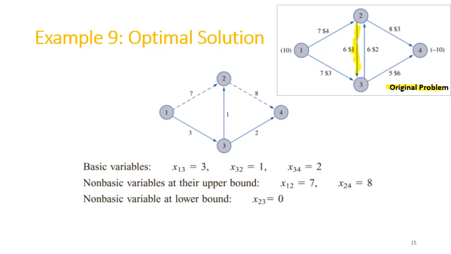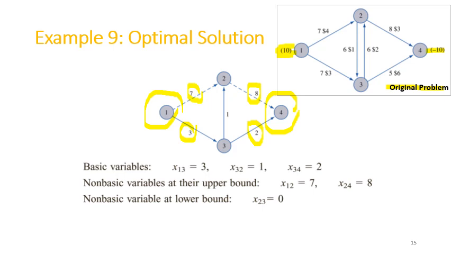And then you can see that in this optimal solution, the net supply constraint is satisfied. Node 1 is sending out 7 plus 3, which equals 10, that it should send out. And then node 4 receives 8 plus 2, so it satisfies the net supply of minus 10, which means that node 4 must receive 10 units of flow.